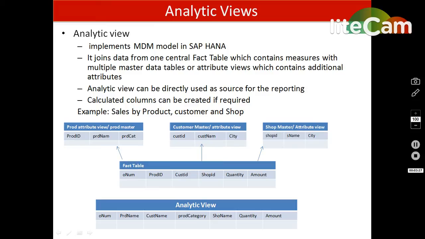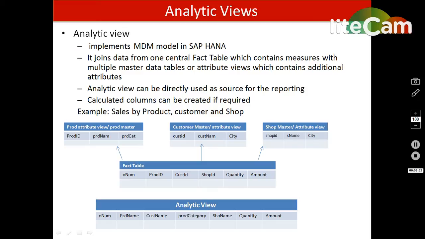I want to see what is the total quantity sold for a particular category and what is the total amount generated for a particular category, or what is the total quantity sold to a particular customer and of a particular product name. So if you want to drill down the report to these levels, you can use these analytical views.